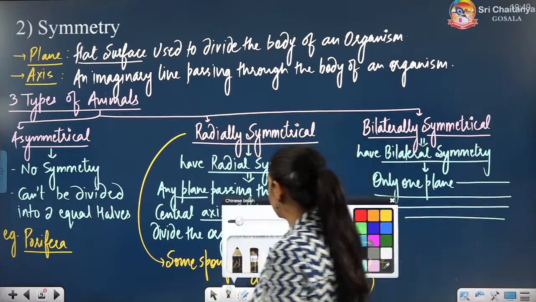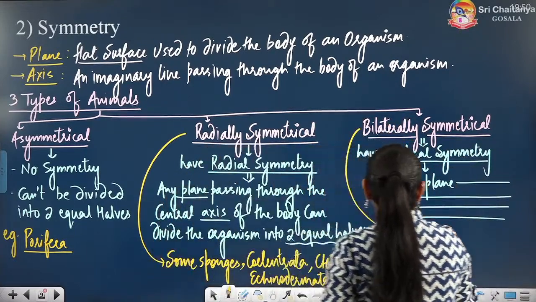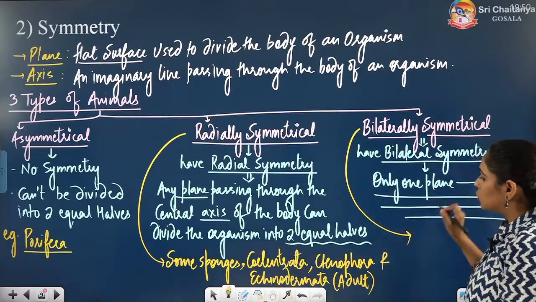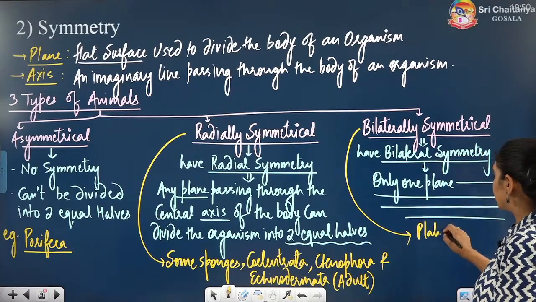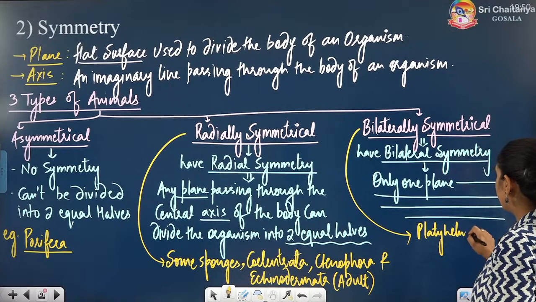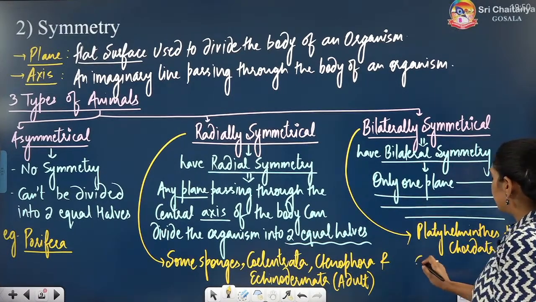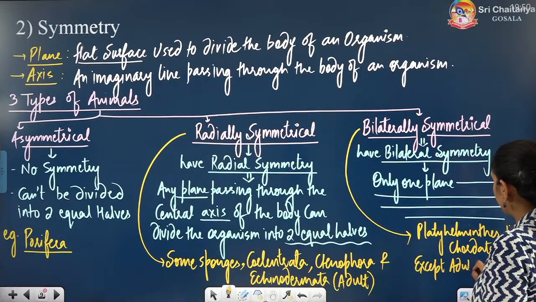For examples, the rest of the phyla will be examples of bilaterally symmetrical animals. After Ctenophora, what comes? Platyhelminthes.